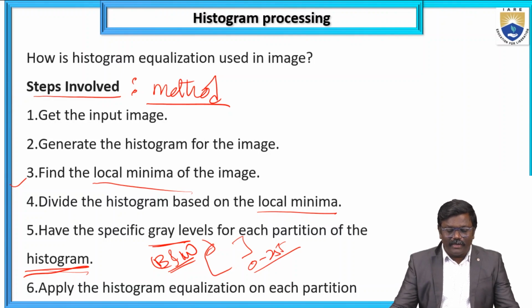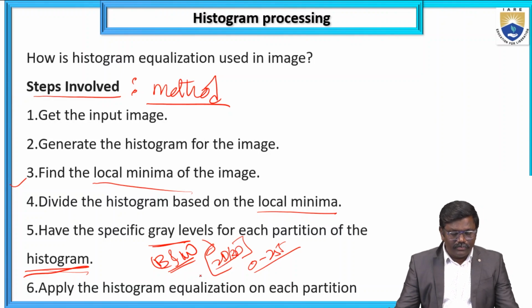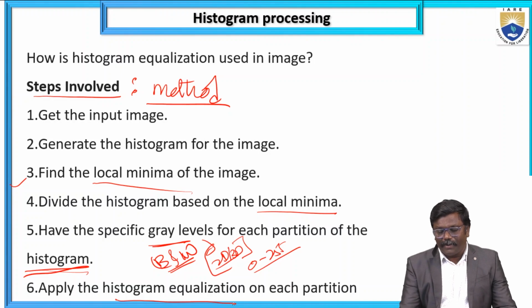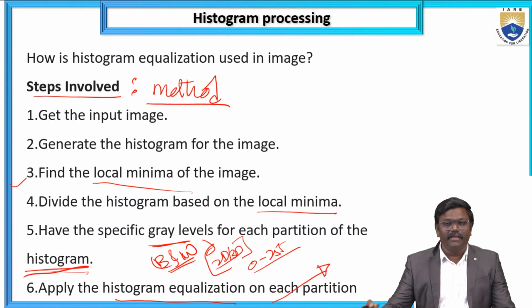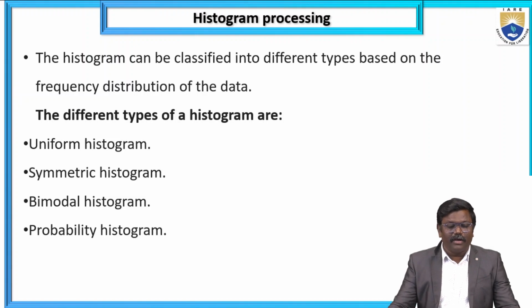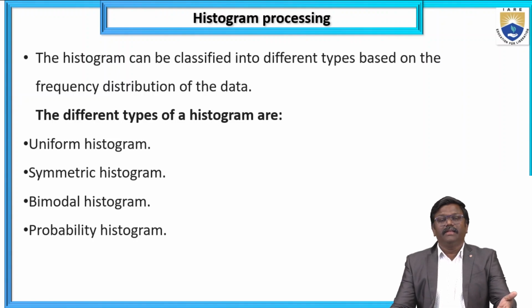Once we understand such an image, either 2D or 3D, we apply histogram equalization on each partition of the considered image. Once we have applied steps 5 and 6, we get the required histogram equalization image, which we discussed with the help of the previous slide.